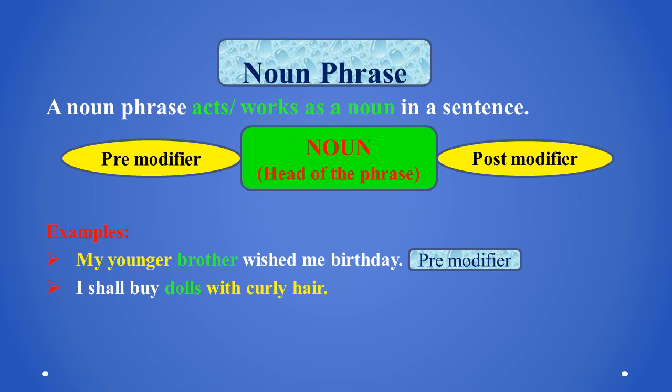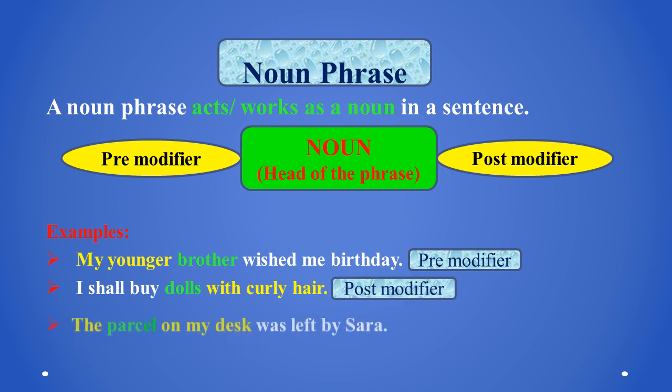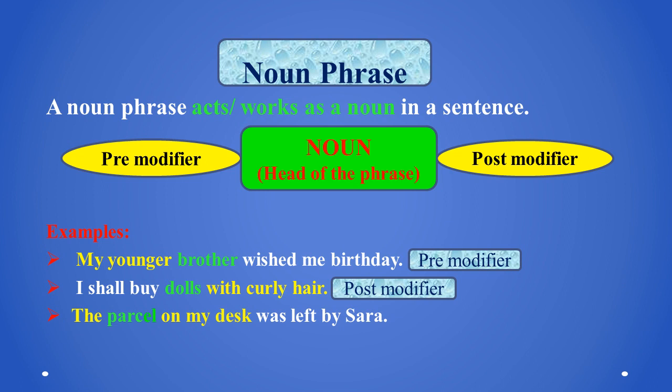Obviously, dolls with curly hair is a noun phrase. Its head is dolls; with curly hair are post-modifiers. Look at the last example. The parcel on my desk was left by Sarah. Parcel is the head of this phrase, the parcel on my desk. It is accompanied by both pre-modifiers and post-modifiers. The acts as pre-modifier. On my desk is post-modifier.